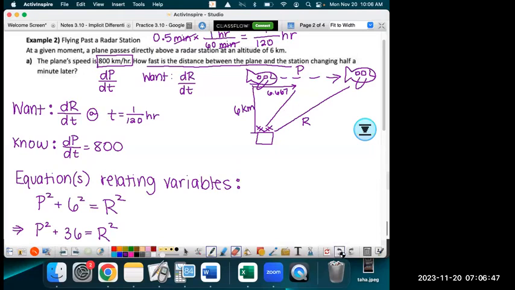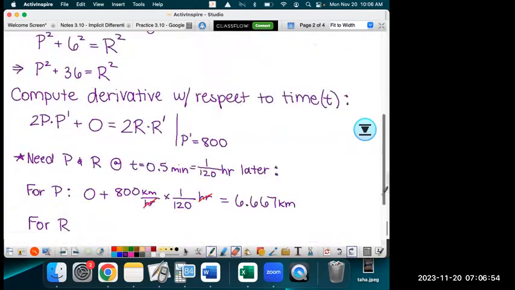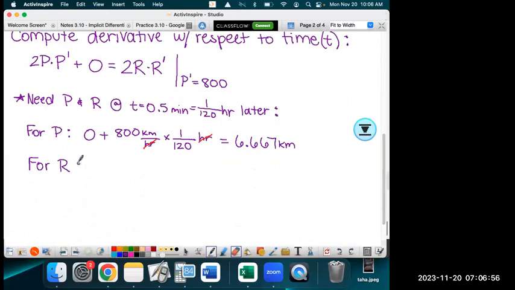Hopefully you said Pythagorean theorem. All right, go ahead and solve this equation for r squared. I'm going to have my answer appear in 3, 2, 1.